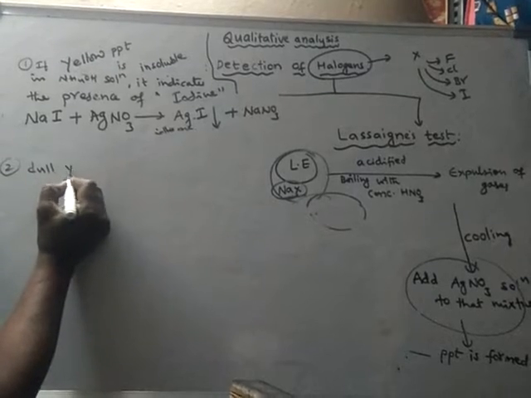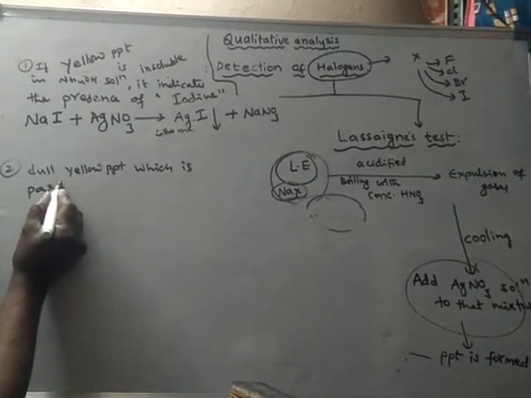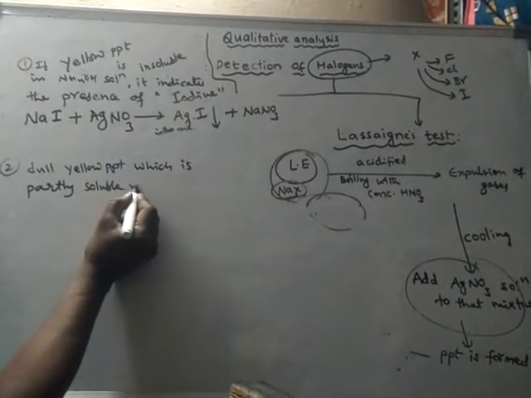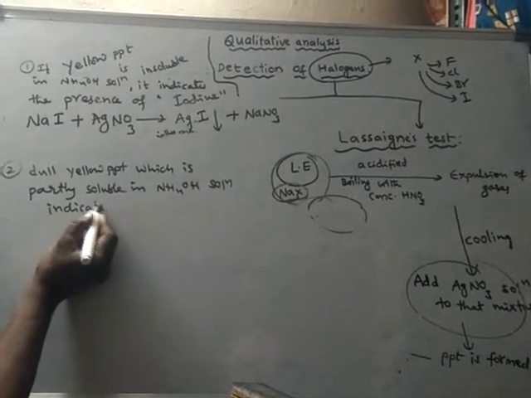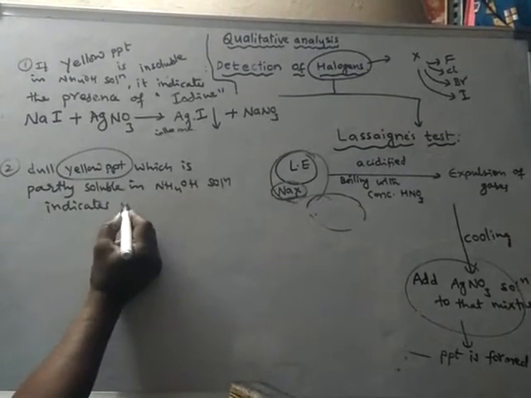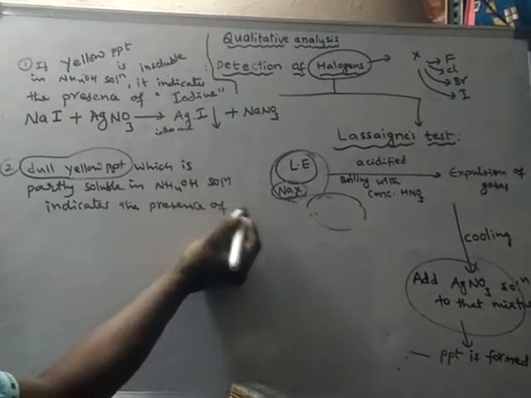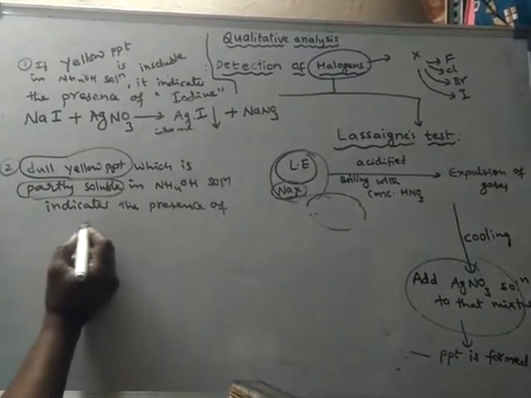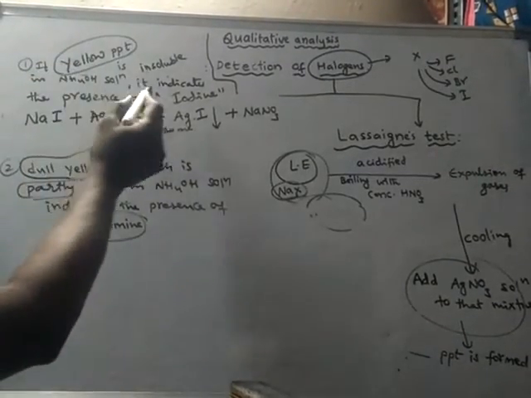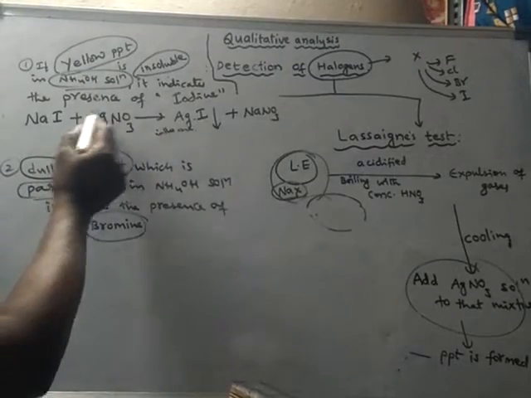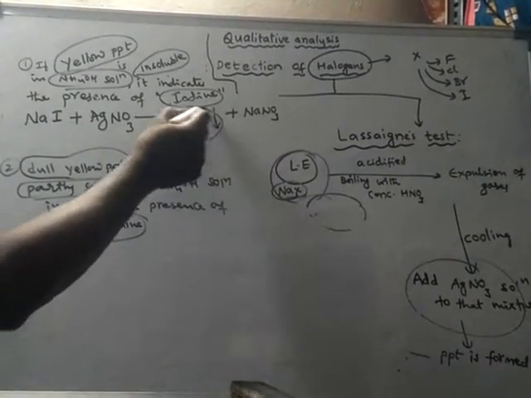The precipitate is silver iodide. A dull yellow precipitate, which is partly soluble in NH4OH solution, indicates the presence of bromine.